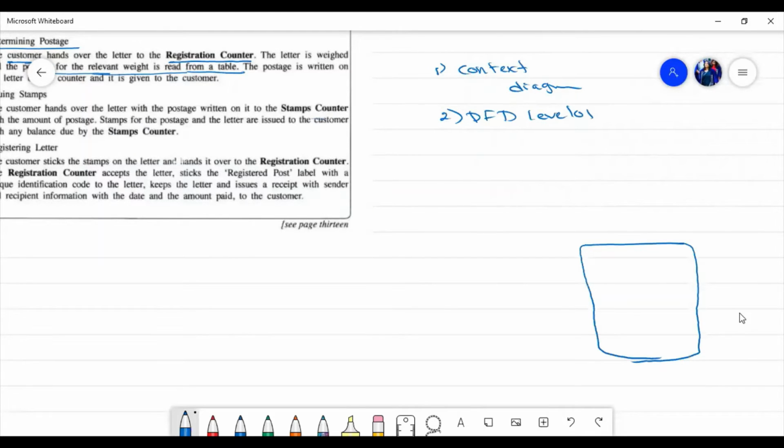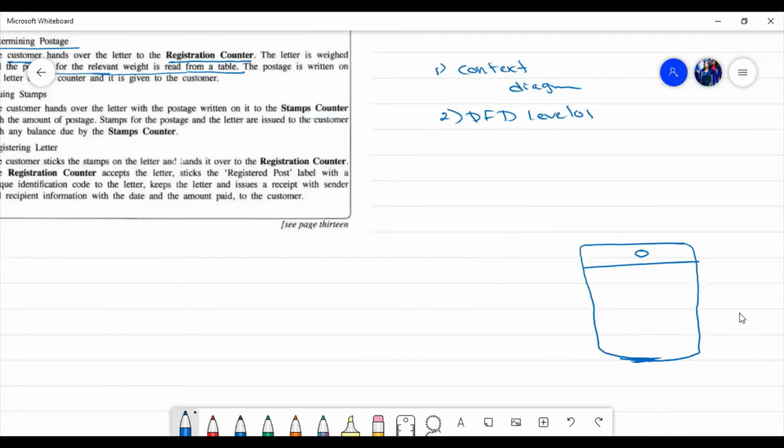Then it should be closed, and we divide it from here. Normally in the context level diagram we put 0, that's the number we give for the context level.